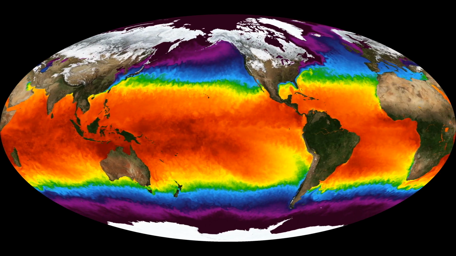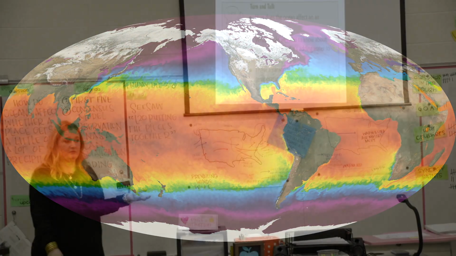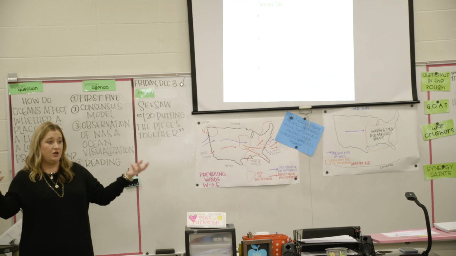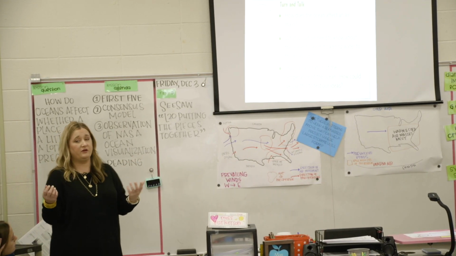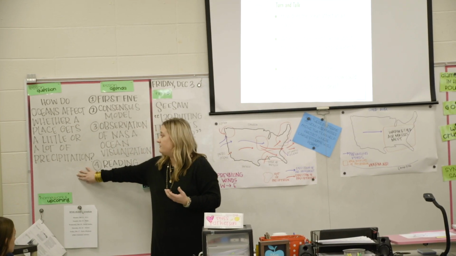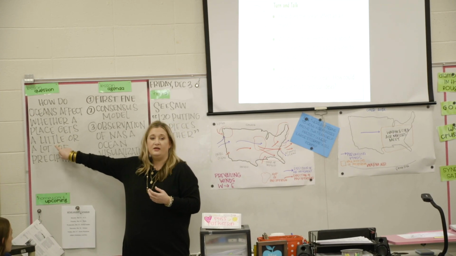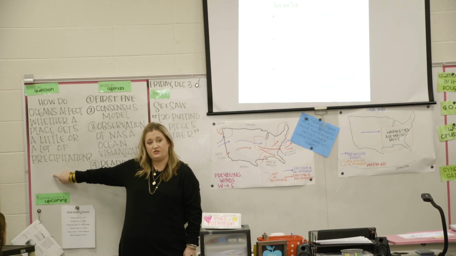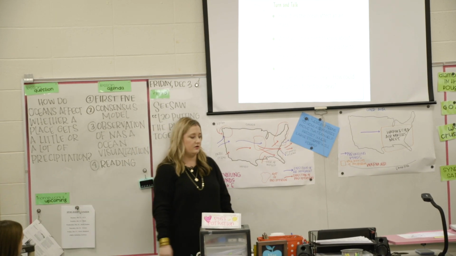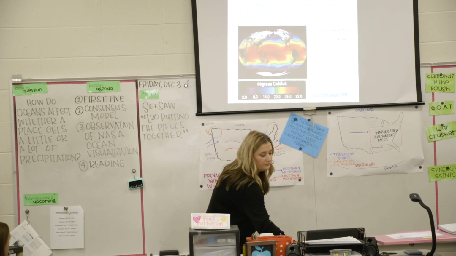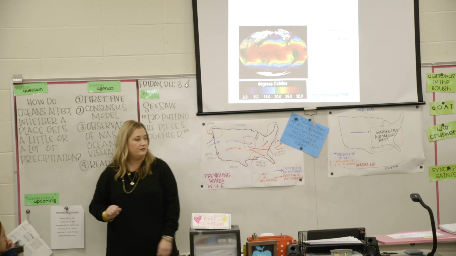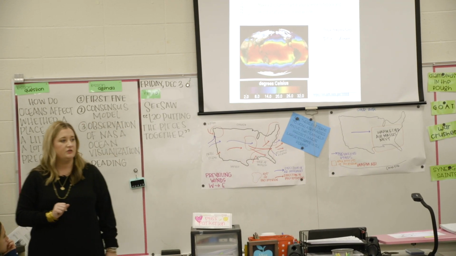So what do we need to look for if we're trying to figure out how the oceans are affecting weather, and why some places get a little and some places get a lot of precipitation? What do we need to look for in the diagram when we watch?